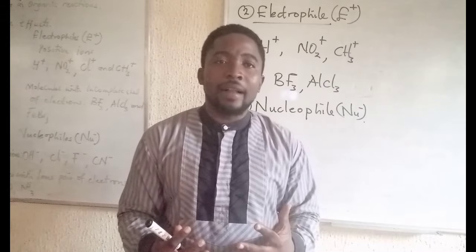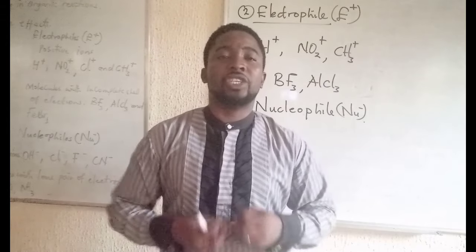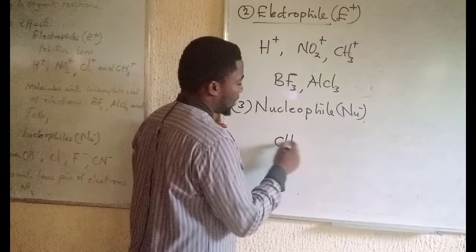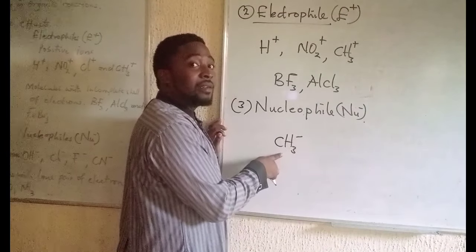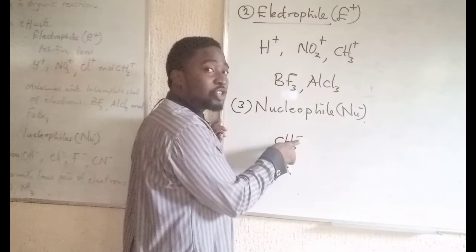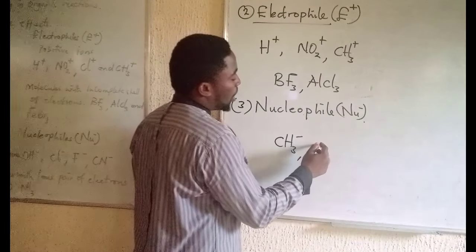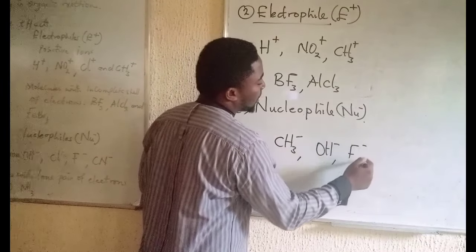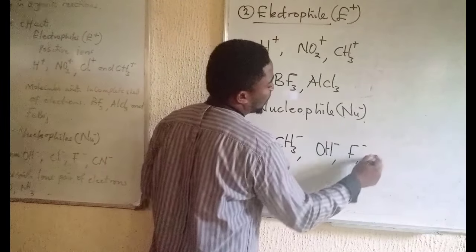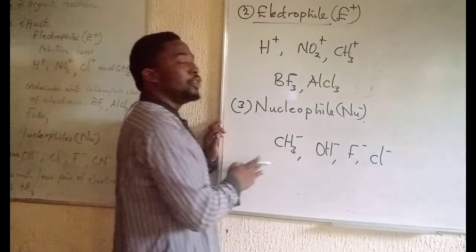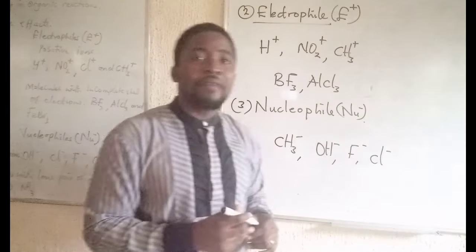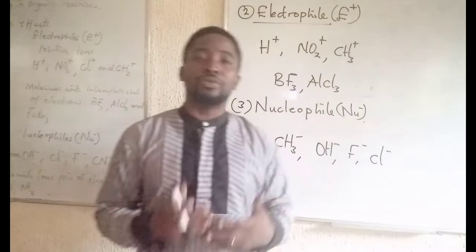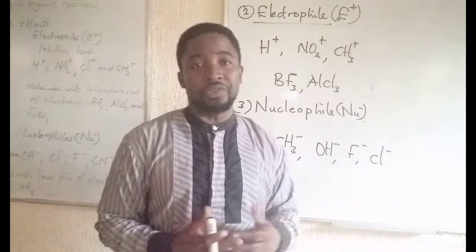Now, a nucleophile can be a negatively charged ion. For example, a methyl group having a negative charge, also hydroxyl groups, and some halogens like the fluoride ion. These are nucleophiles. Having a negative charge already implies that they are electron-rich chemical species.